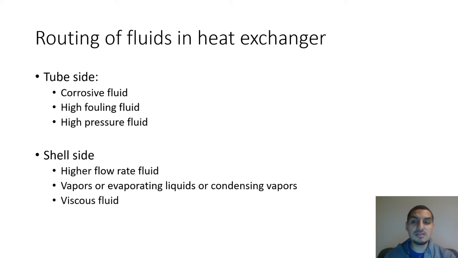And in case of flowing in the shell, you have to make sure that the material of the shell, the material of the tubes, the baffles, and all the metal parts inside that are contacted by the fluid in the shell are made of this corrosion-resistant material, which is expensive material. So it's better for this to be routed in the tube side.